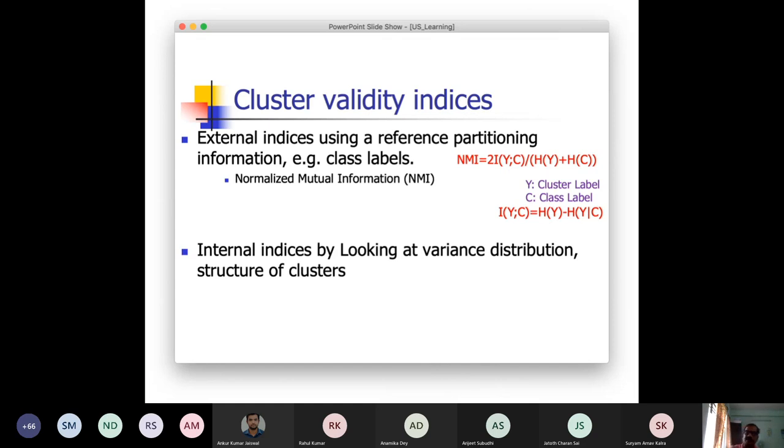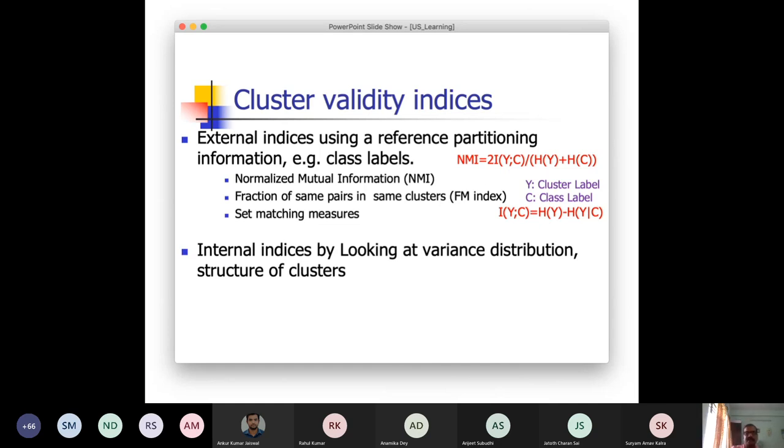That is the mutual information, but it is normalized by the average of the entropies of both distributions. So we use this NMI, and if your NMI is higher, the better is that clustering given the corresponding class labels. So this is one very standard technique of comparing different clustering algorithms when we give you a labeled data set.